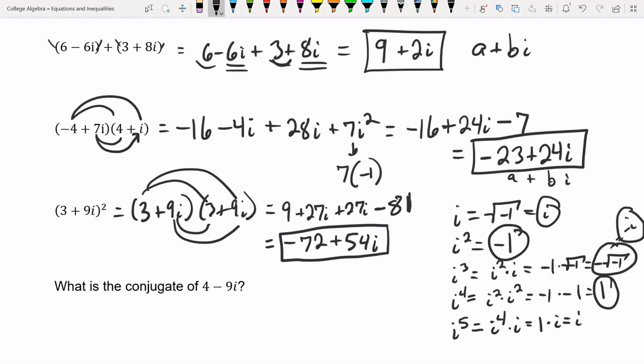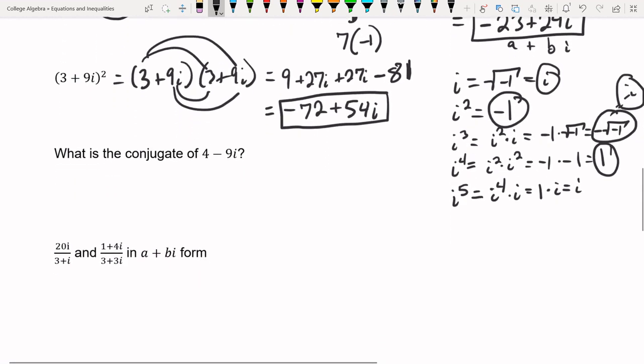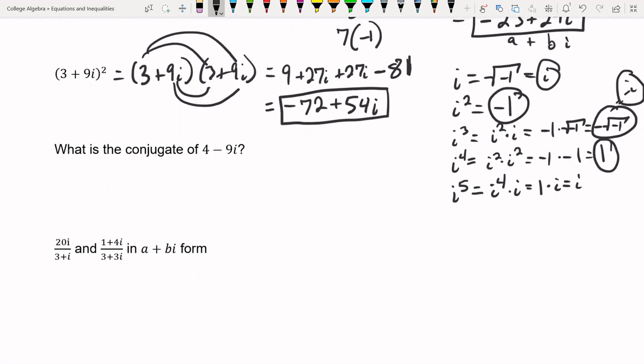Okay, the next problem is going to be useful for the one after that. Conjugate. Complex numbers have conjugate pairs, and conjugates are very important in a lot of different ways. A lot of higher mathematics use conjugates as well, but it's very simple to find a conjugate. All you have to do is flip the inside sign. So the conjugate of 4 minus 9i is 4 plus 9i.